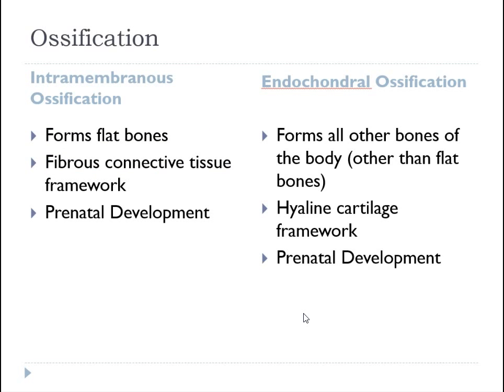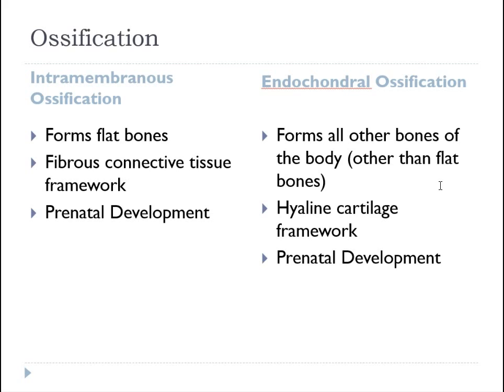And it basically transitions from a type of cartilage, the hyaline cartilage, into full-grown bone. So the two different types we've kind of already gone through. They're both going to be in prenatal development. So the intramembranous ossification is going to form flat bones. Fibrous connective tissue is going to be their framework, and then bone is going to be attached to that, and this is going to be in prenatal development. The endochondral ossification is going to form all the other bones of the body.